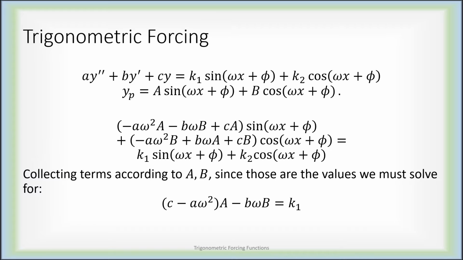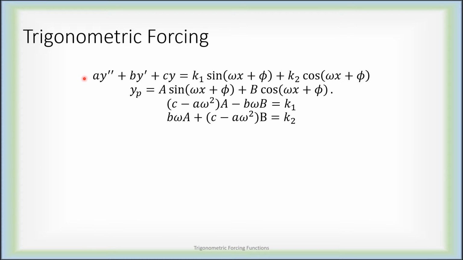So (c minus a omega squared) times capital A minus b omega capital B must be k1, and b omega capital A plus (c minus a omega squared) times capital B must be k2. So here was our differential equation, our proposed solution, and we've determined that if this y sub p really is going to solve this, we would need both of these to be satisfied.